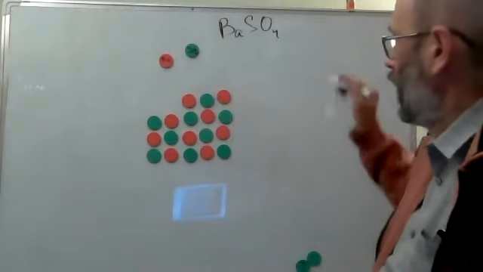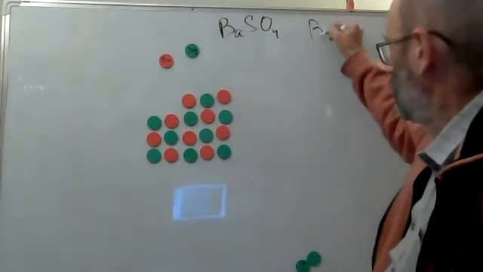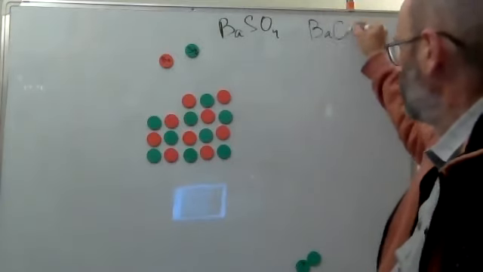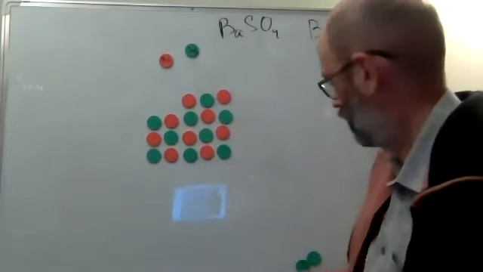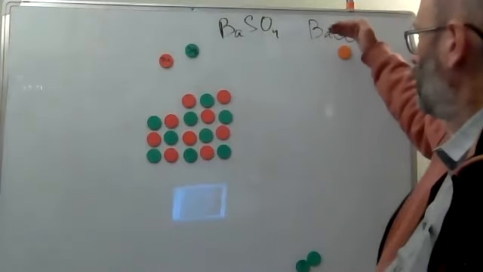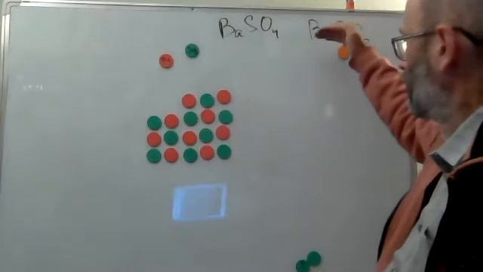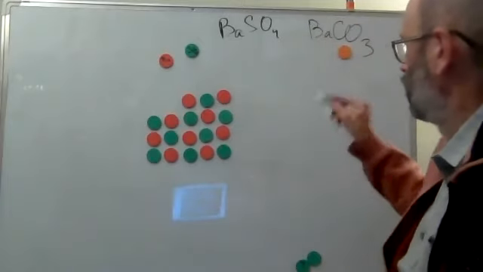Now imagine we know that another compound, barium carbonate, is also low soluble. Okay, this is carbonate. And now we add some other soluble carbonate to the solution. For example, sodium carbonate.